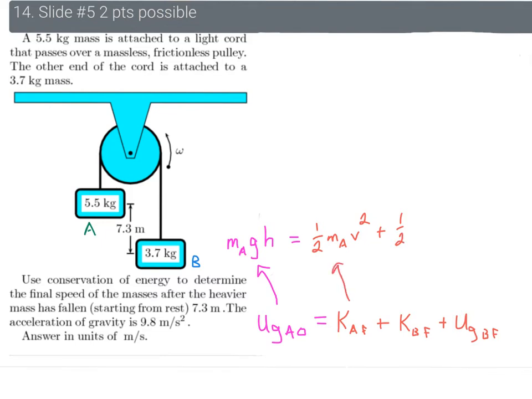So this is for mass B, and that's its velocity squared. Both of those are final velocities. Plus, since mass B is getting hoisted up into the air, it's going to end up with some potential energy. So this is mass B times gravity times height.